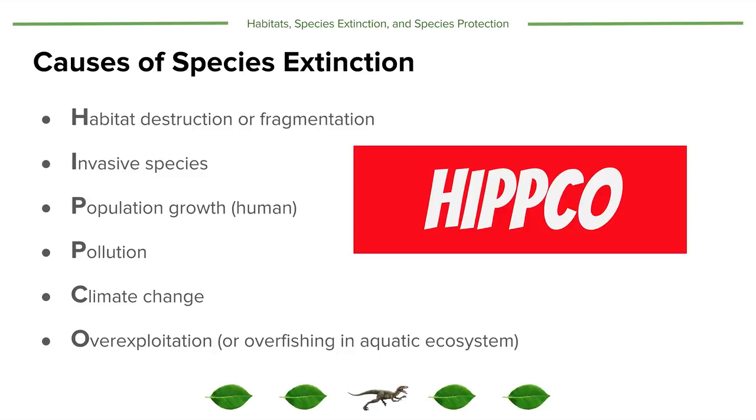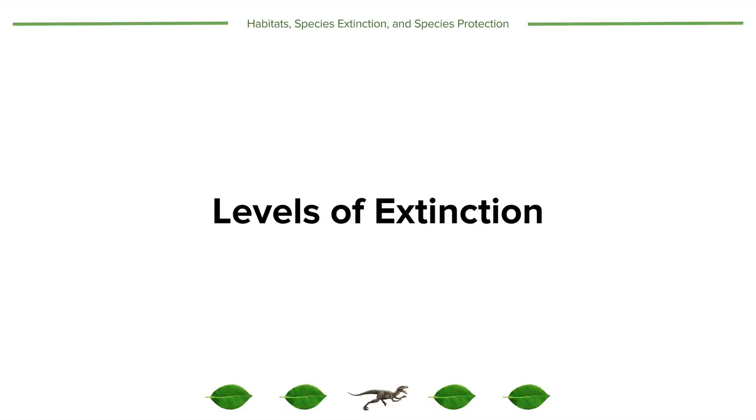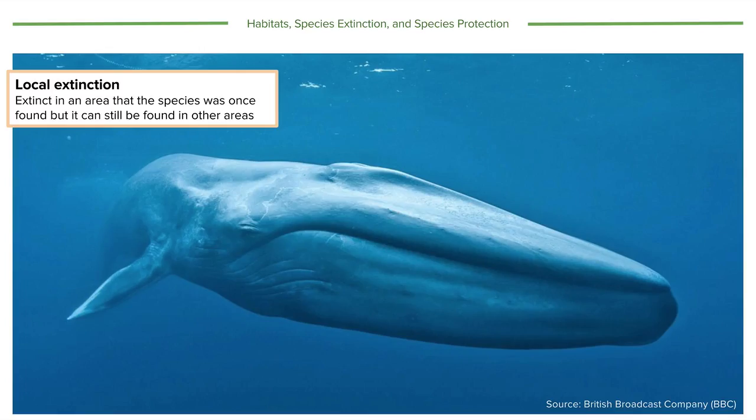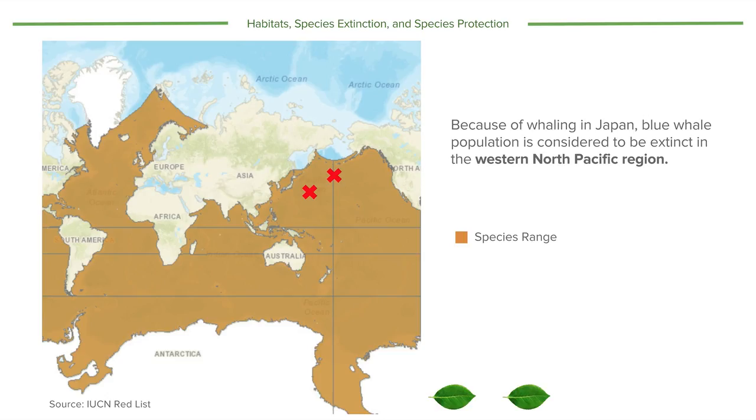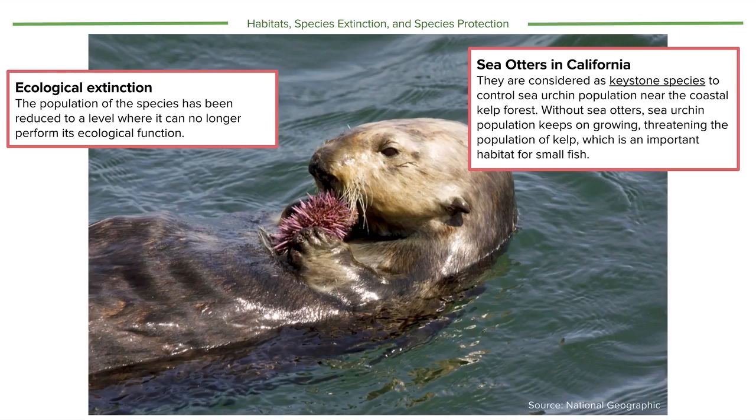Don't forget HIPPO, the acronym for these six letters. I'm not going to go over these. We have gone over these a few times already in class. There are three levels of extinction. We have the local extinction, where you can no longer find the species at one particular location. So if you look at the blue whale, it can no longer be found in the Pacific Ocean near Japan due to whaling. And a more severe level of extinction is called ecological extinction.